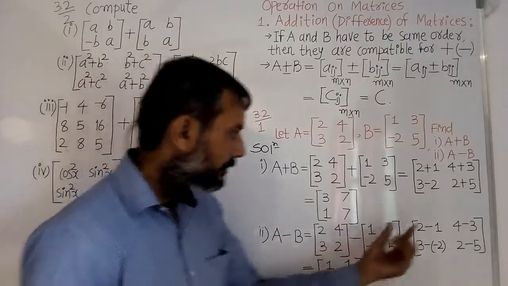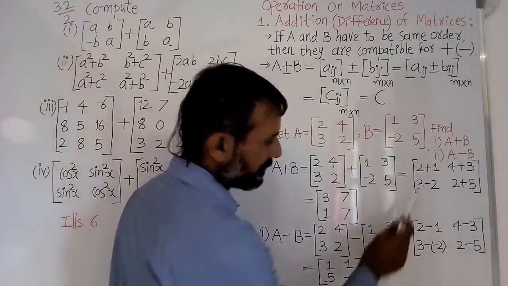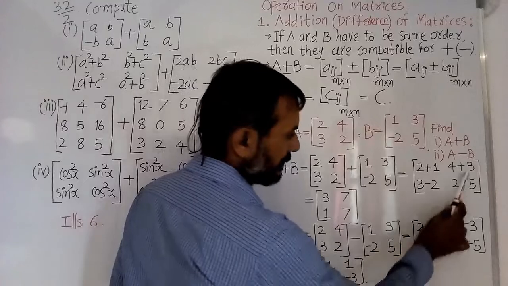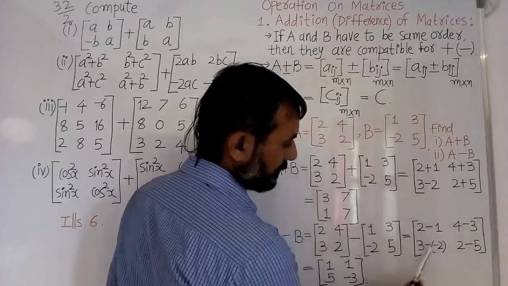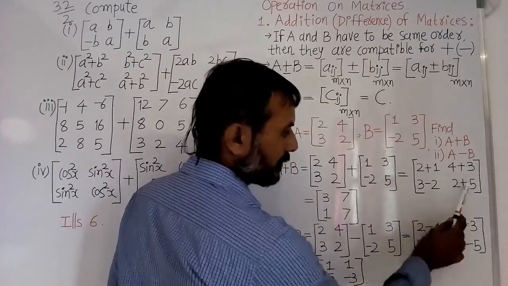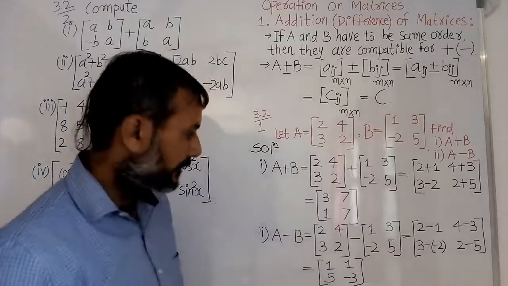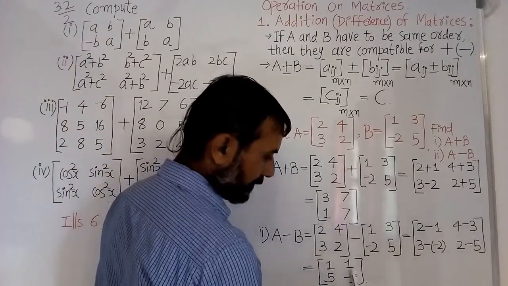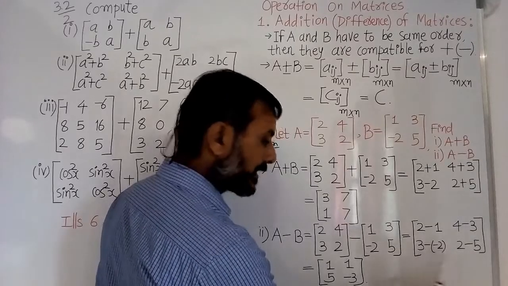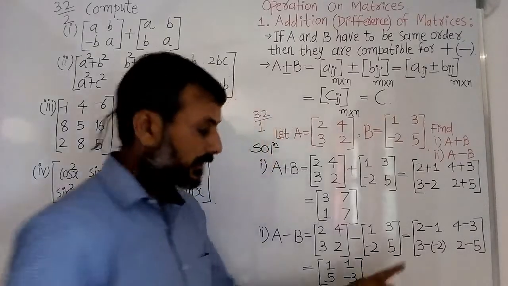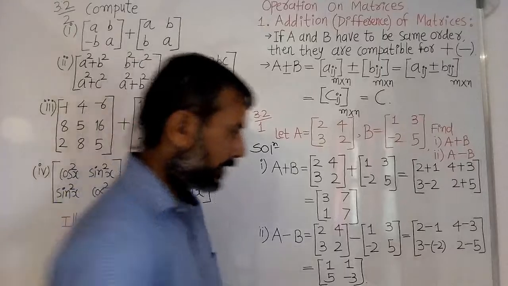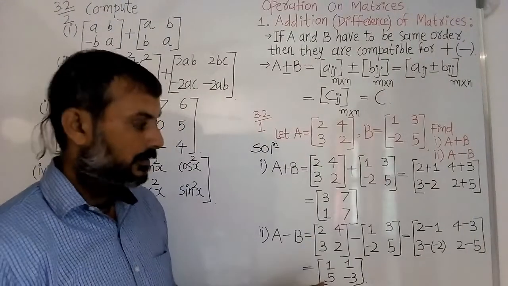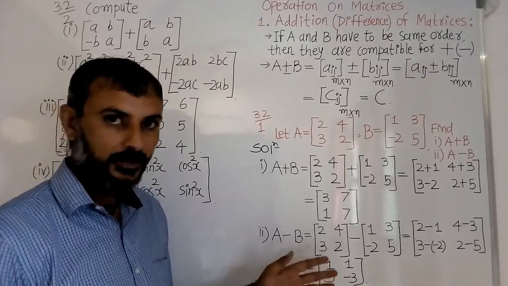Instead of addition we write difference; instead of plus write minus here because we require difference. So the final answer is 2 minus 1, 4 minus 3, 1, 3 minus 2, that's why 5, because minus minus 2 gives plus 2. Finally here 2 minus 5 is minus 3. So it should be a little clearer.